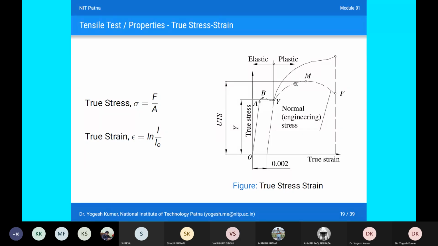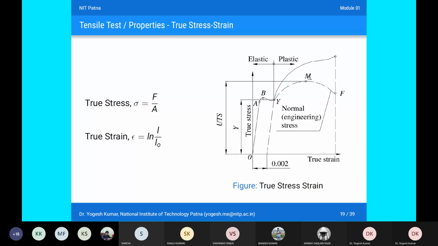Okay, so here you could see that beyond the ultimate tensile strength point, the stress was decreasing, but in actual the true strain is increasing rapidly. So at the point of fracture, your true stress is high, but in the case of engineering strain, it is showing that it is lower than the ultimate tensile strength.